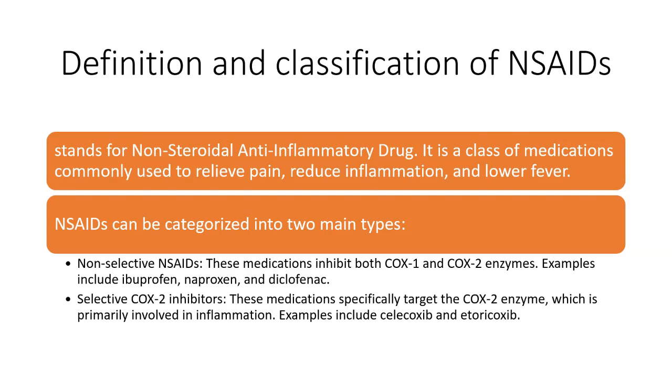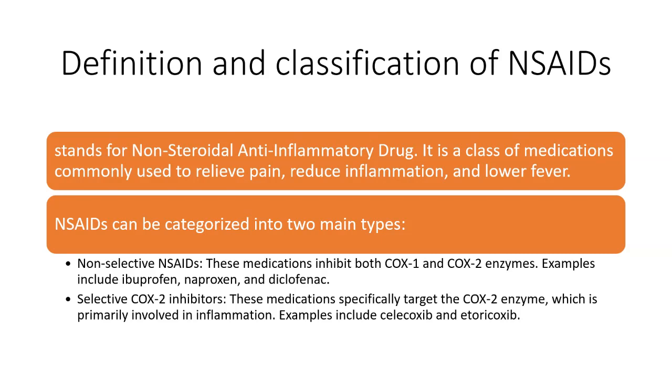Classification of NSAIDs. NSAIDs can be categorized into two main types based on their mechanism of action on cyclooxygenase, COX, enzymes. For non-selective NSAIDs, these medications inhibit both COX-1 and COX-2 enzymes. The COX-1 enzyme plays a role in protecting the stomach lining and maintaining kidney function, while the COX-2 enzyme is primarily involved in the inflammatory response.